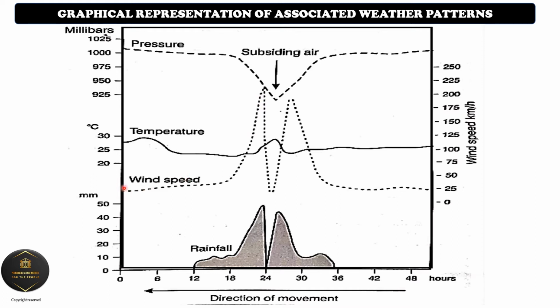But we notice that the wind speeds start out as very calm, and then they spike up from 25 kilometers per hour to up to 225 kilometers per hour in the first vortex of the system, in the eye wall, to be specific.